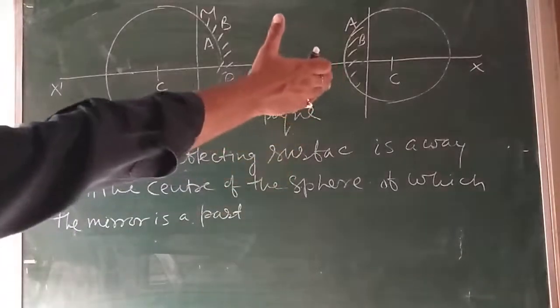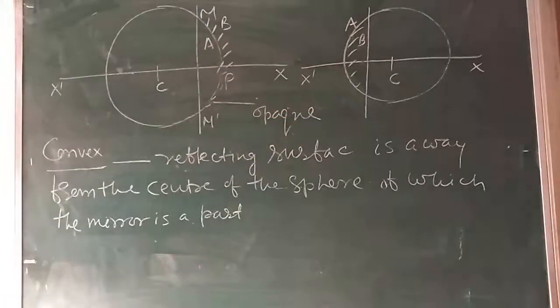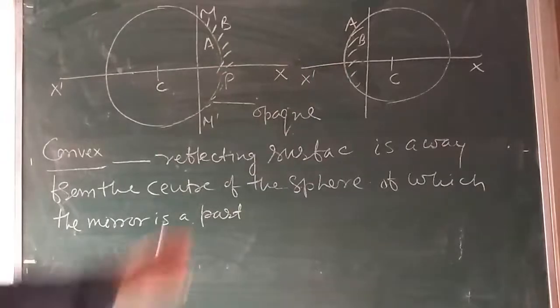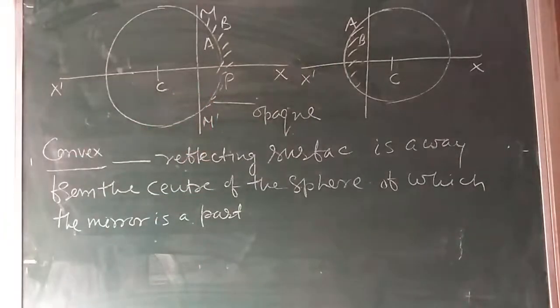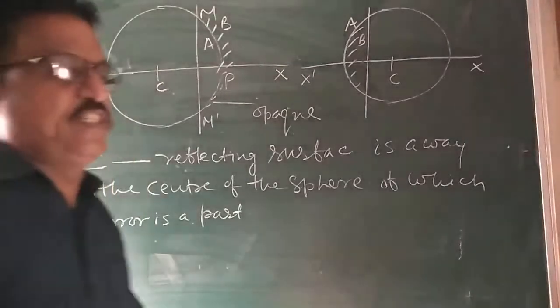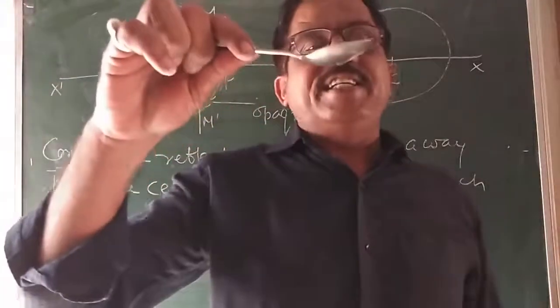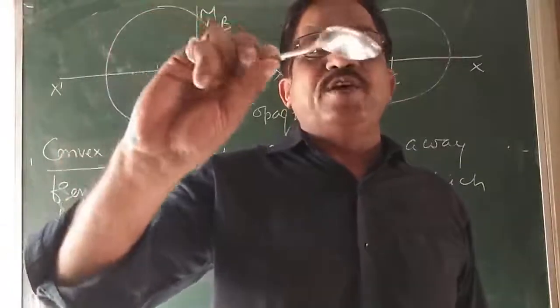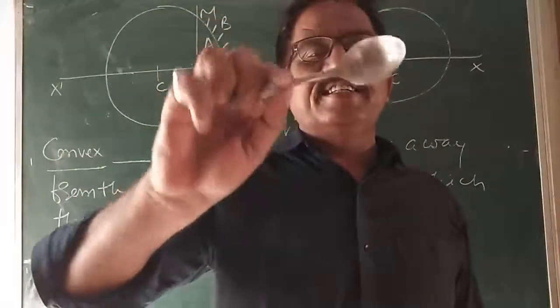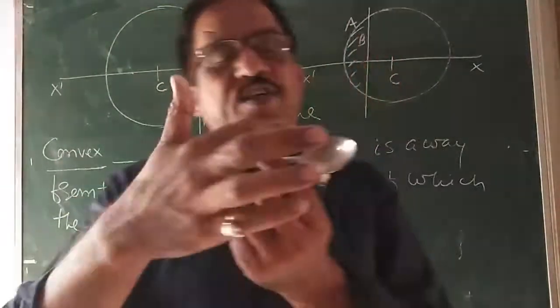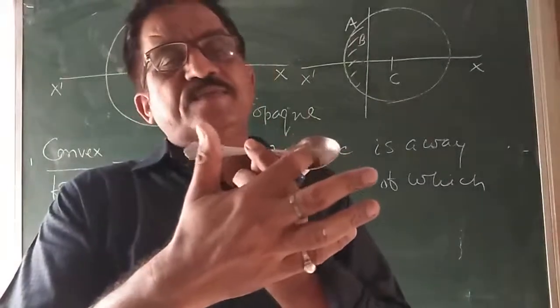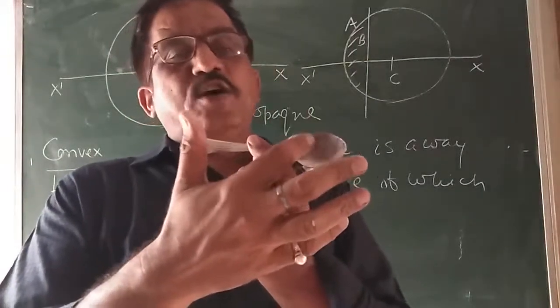Similarly, now the inner shining surface of a steel teaspoon. What is this? Sir, it is a teaspoon. You can see this surface which is inward. This happens in a concave mirror.